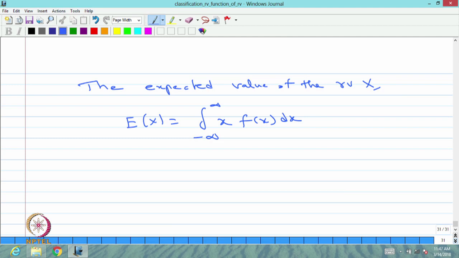If it is a finite quantity, then without absolute sense, that is going to be the expected value of the random variable. I am going to give one example for a random variable in which the expectation does not exist, and one or two examples where expectation exists.